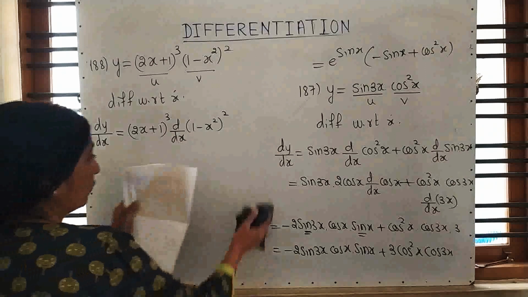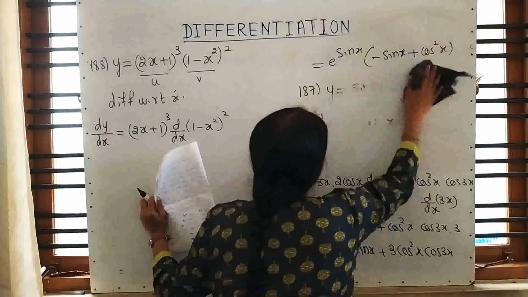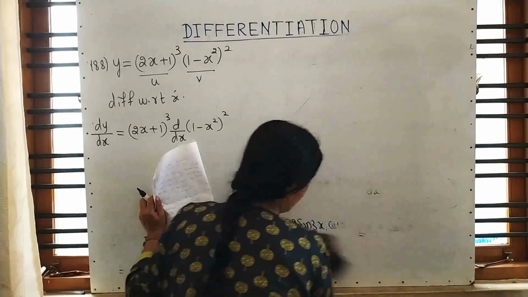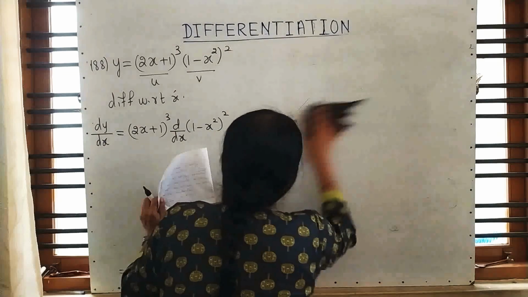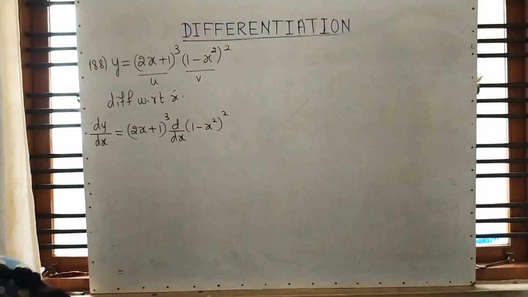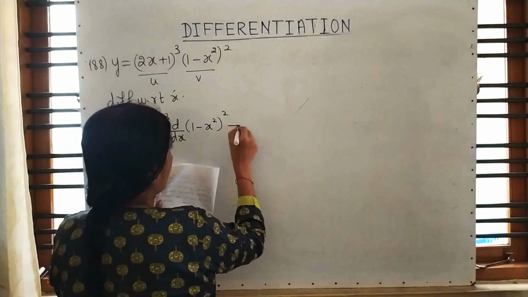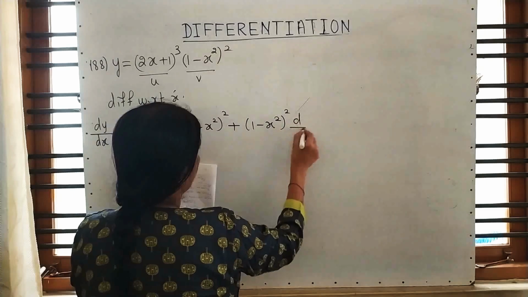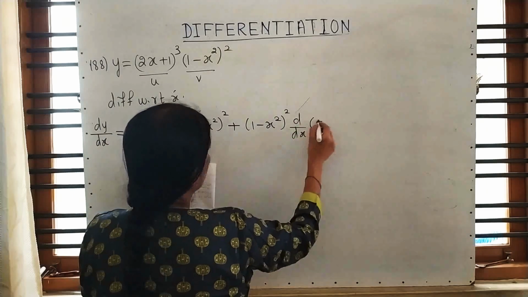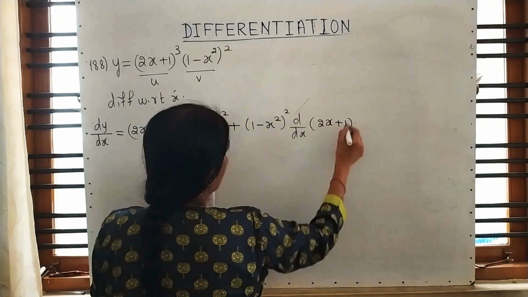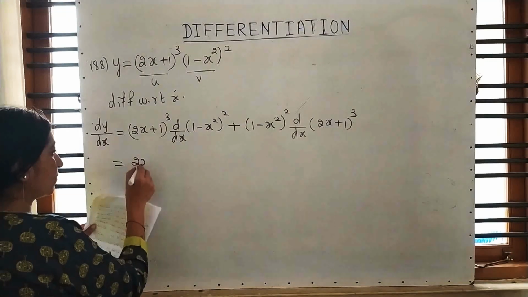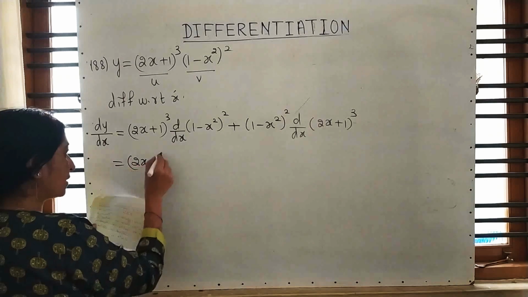First u into v. Plus 1 minus x square whole square into differentiation of 2x plus 1 whole cube. 2x plus 1 whole cube as it is.